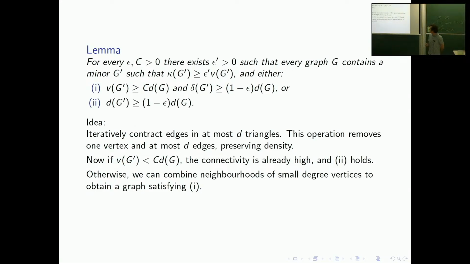Okay, so here is the next lemma that we're going to need. So this lemma says, basically, that if you have any graph at all, then you can find a minor of this graph, which almost has the same density that you started with.